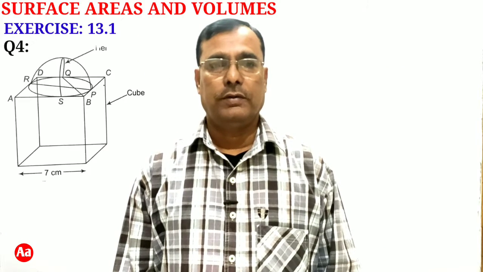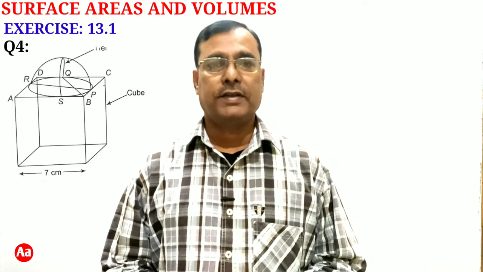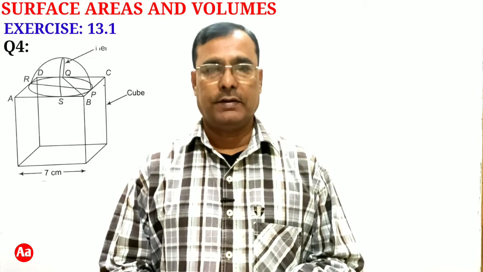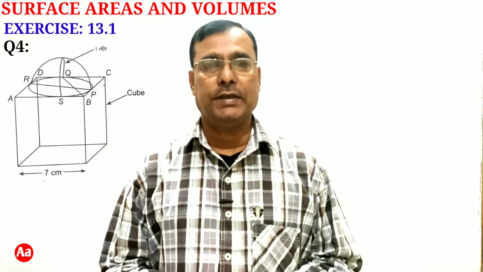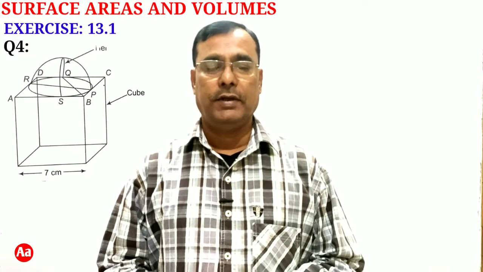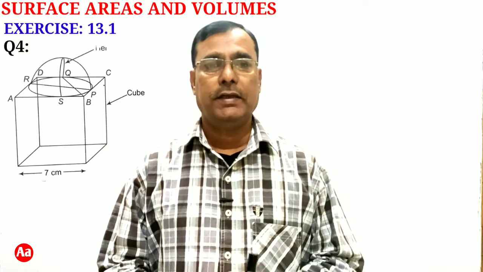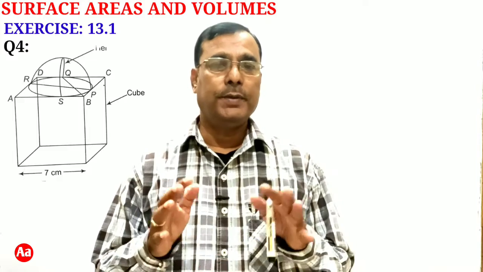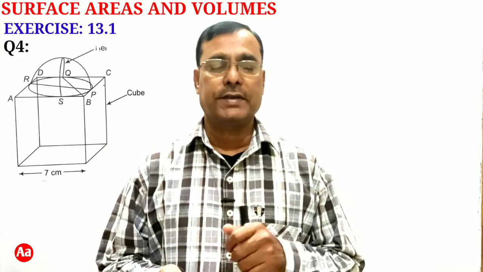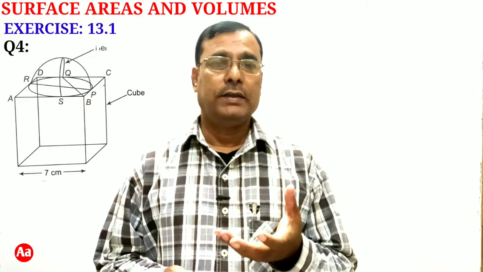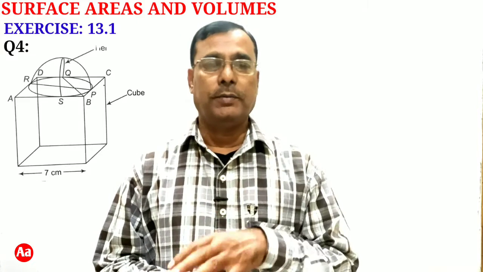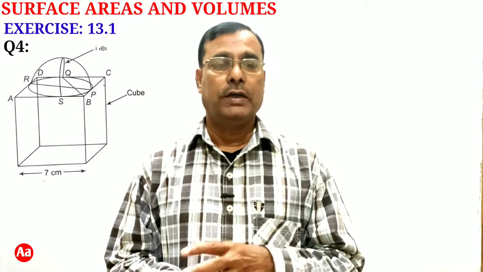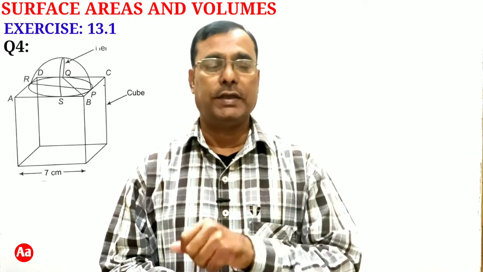Question number 4. A cubical block of side 7 centimeter is surmounted by a hemisphere. What is the greatest diameter the hemisphere can have? Find the surface area of the solid. This is the question. There is a cubical block of side 7 centimeter, and on its top face a hemisphere is surmounted.